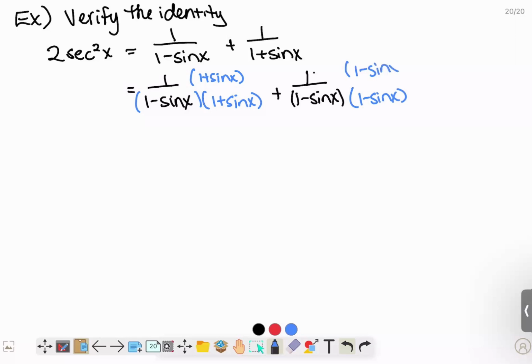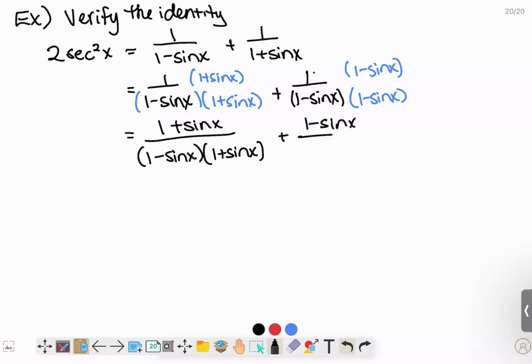I'm doing this because I need a common denominator if I want to add these fractions together. For right now, I'm going to leave the denominators in factor form. Don't cancel anything. Uh-oh, I messed something up. This one should be plus. Okay, so this is plus.